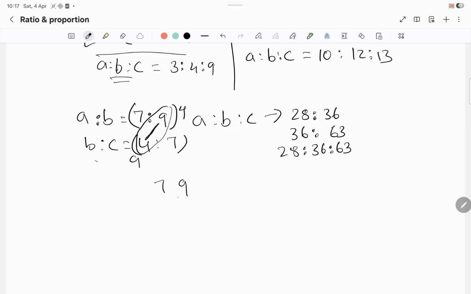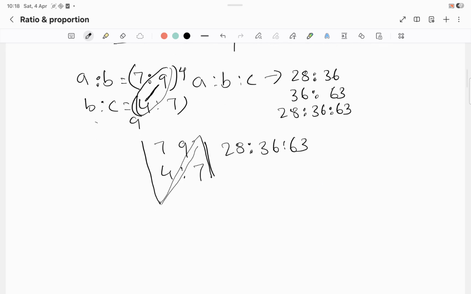So then the best method is, in this pattern you need to multiply 7 into 4, 28. Then it is going in this way. So 9 into 4, 36. Then finally 7 into 9, 63. First of all, after doing this, we have to check that the ratio is in simplest form or not.